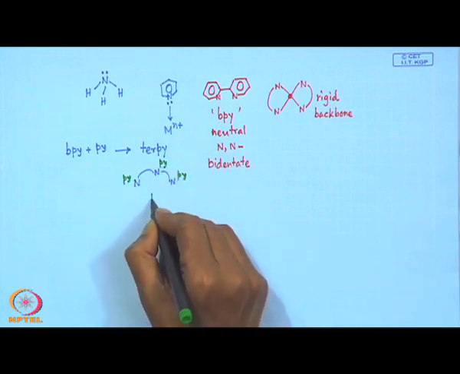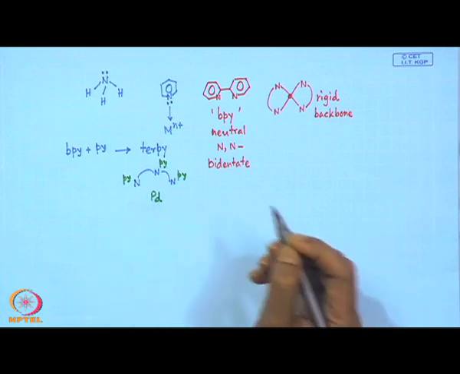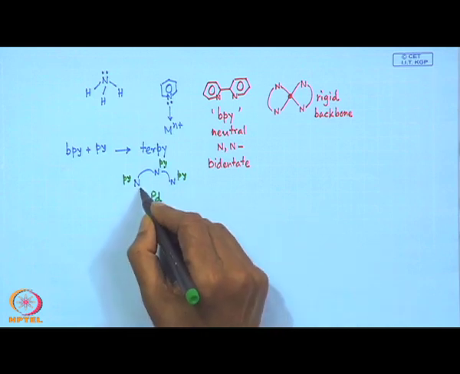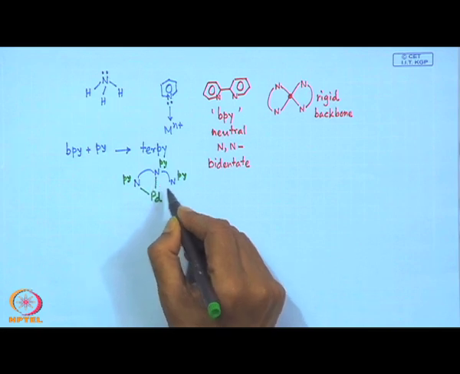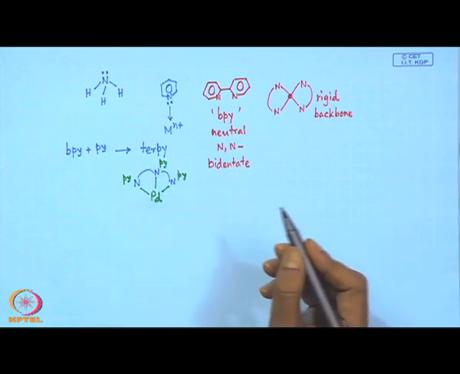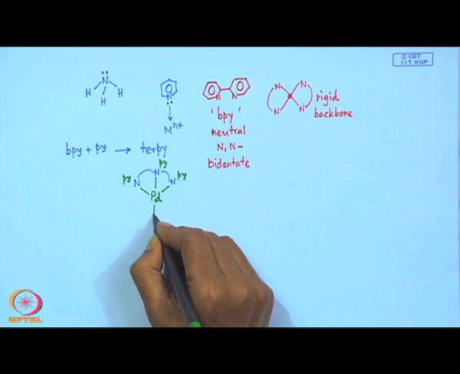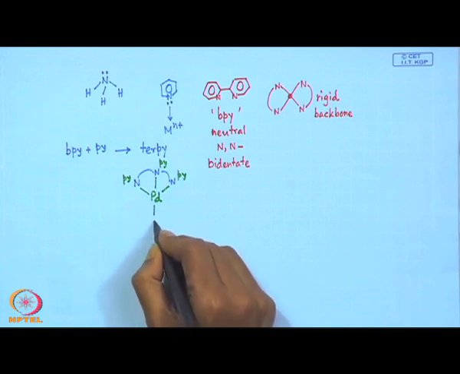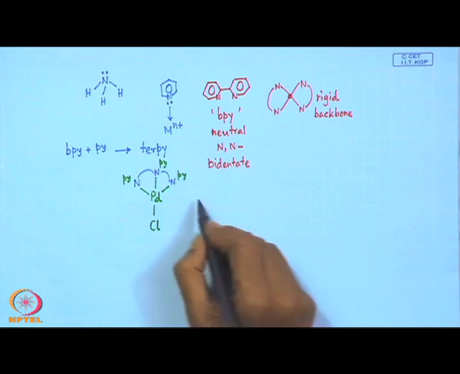So, if we have the metal ion like palladium-2 plus, it will bind with these 3 nitrogen atoms, and if we start to make this compound from palladium chloride, one Pd-Cl bond would be there.